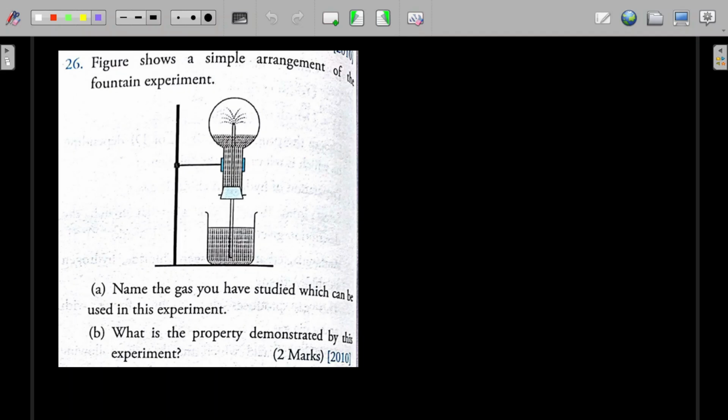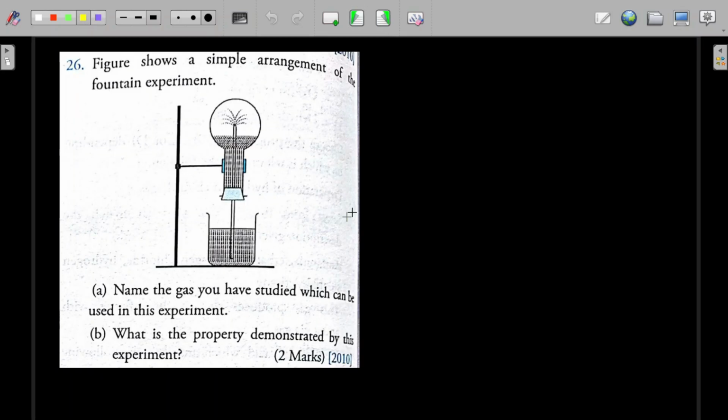Fountain experiment. So in the fountain experiment, this is the diagram you already know. What is the aim of this experiment, Aryan? What is the aim? Dhruva, you tell me.